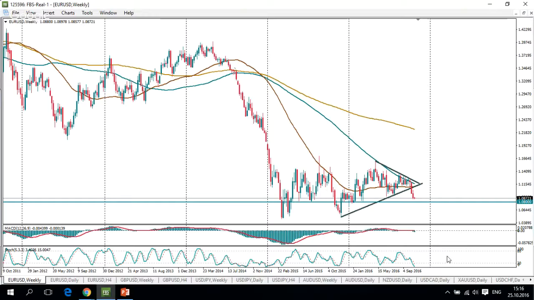Euro dollar fell to 7-month minimums below 1.09 last week and remains here this week. In line with expectations, the European Central Bank left its monetary policy unchanged on Thursday. The market players will focus on the regulator's comments about the quantitative easing program.